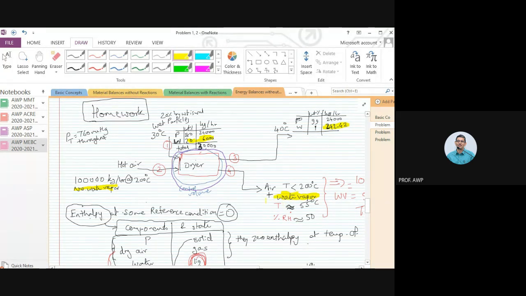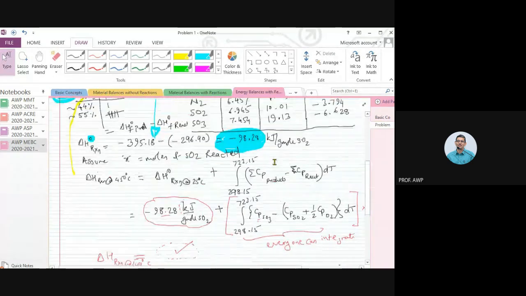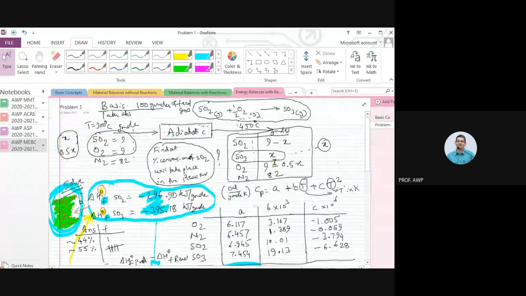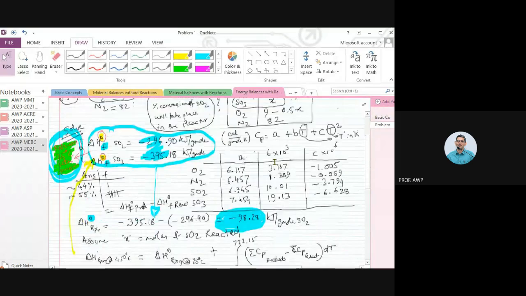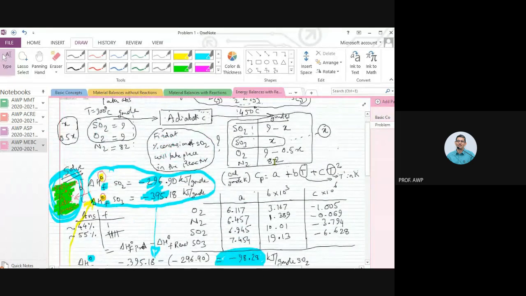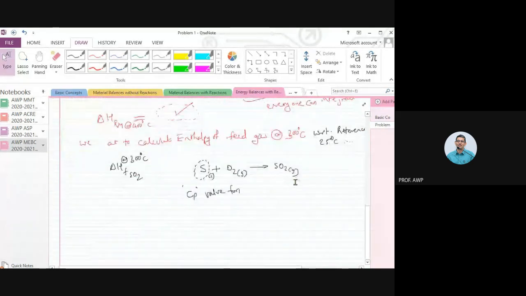No molecule was getting lost, no molecule was suddenly appearing. Unlike our reactions where 9 minus X moles of SO2 and 0.5 X moles of oxygen are disappearing, and X moles of SO3 are appearing.